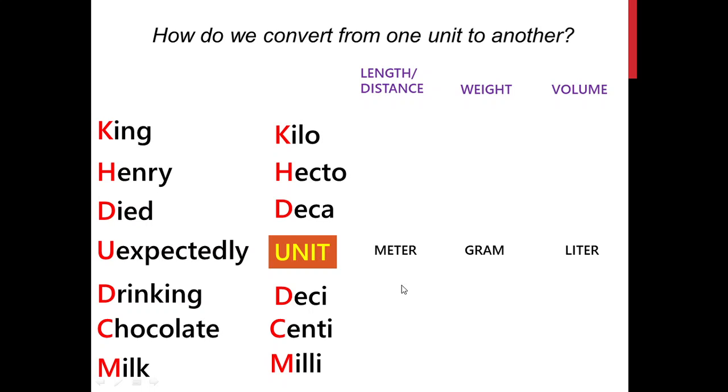This is very helpful. Or if you can't remember the letters, just remember that King Henry died unexpectedly drinking chocolate milk. Okay, now let's put this to the test and see if we can convert one unit to another using this. Just remember kilo, hecto, deca, the standard unit, deci, centi, and milli.